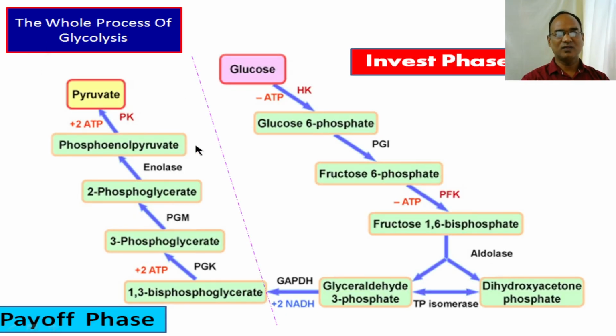So the whole process has 10 stages. We have divided them, 5 stages each, into the energy investment phase and the energy Payoff phase. Whatever food you consume will be converted into glucose with the help of the liver.